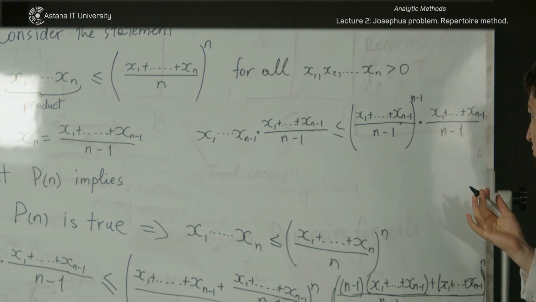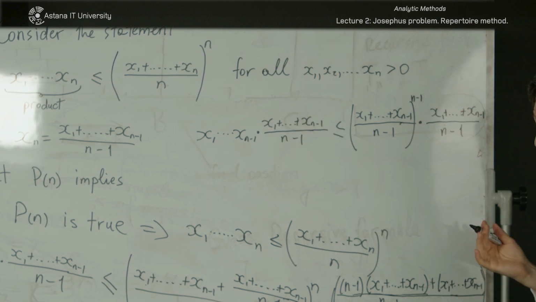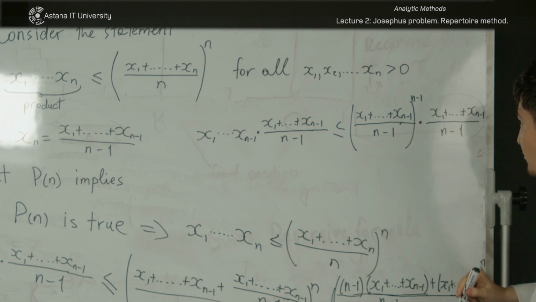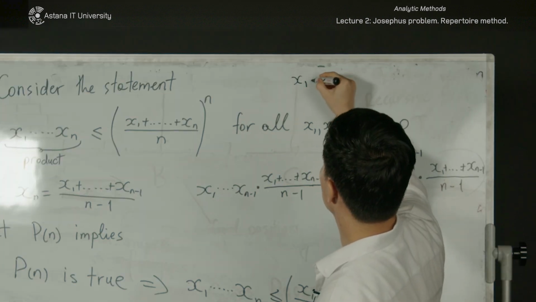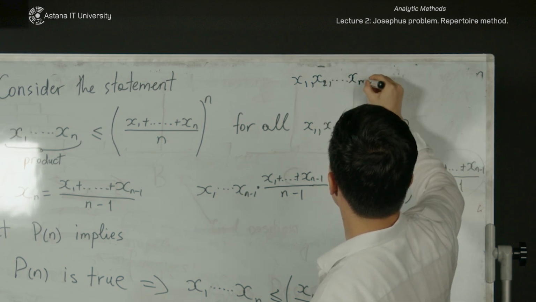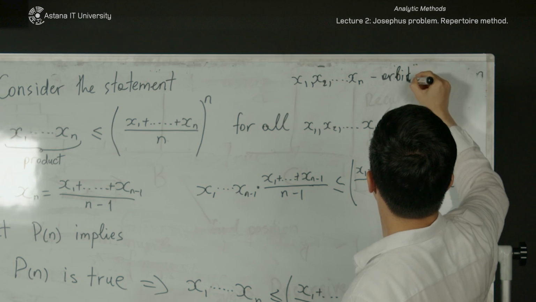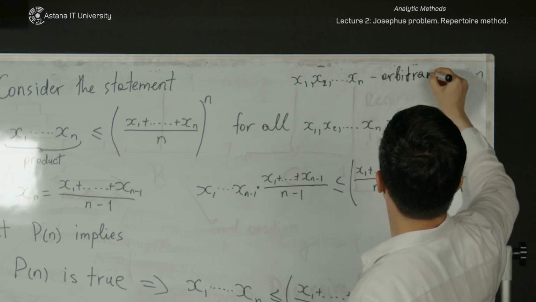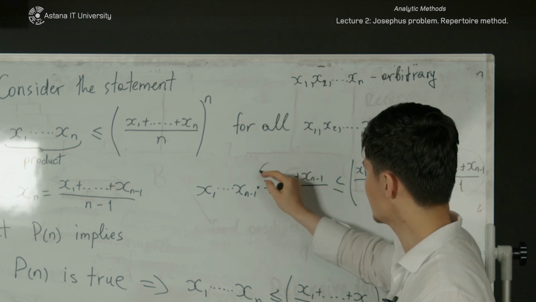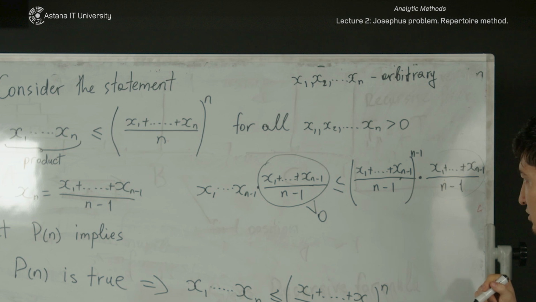Okay, now we see that this expression and this expression are the same. And since we know that x1, x2, and xn are all positive and arbitrary, I'm going to write over here that x1, x2, xn are arbitrary. And also I know that this expression is positive, since my x's are positive.